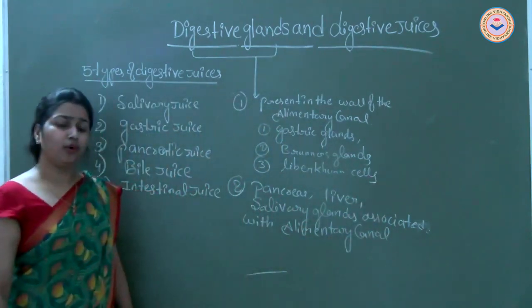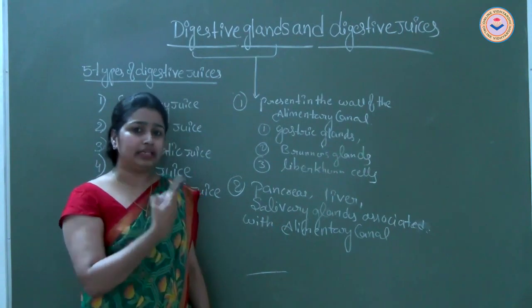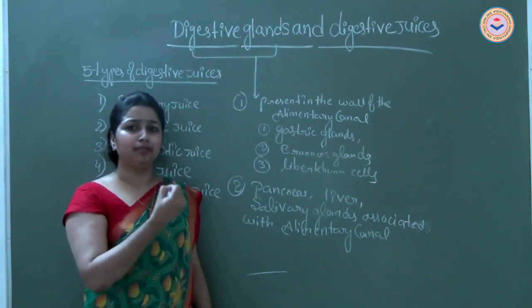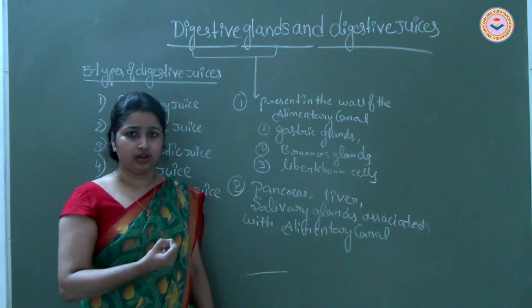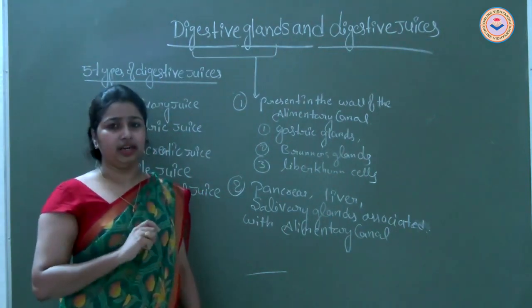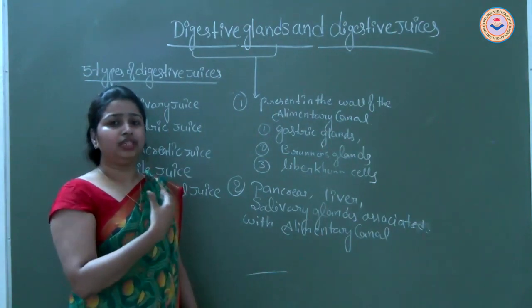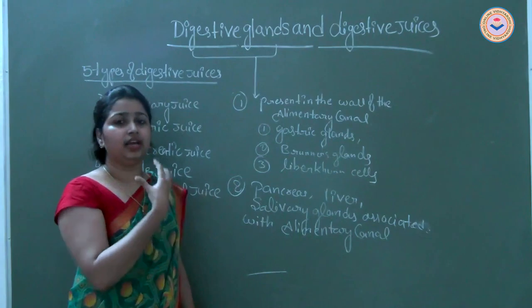Notice one point here. One particular type of juice cannot digest a particular type of food up to completion. They will digest only certain stages, and the product will be transferred to the next digestive juices for further digestion.